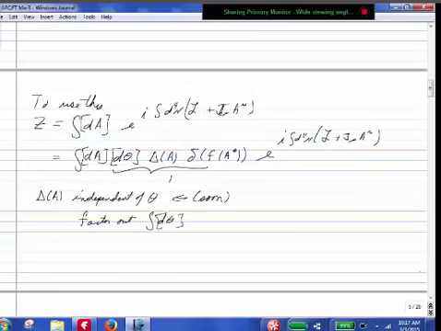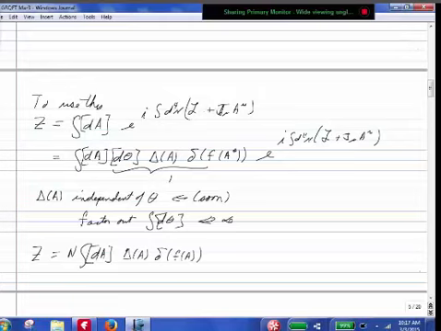Let's just assume, I'll prove this in a minute, delta of A is independent of theta. Then we can factorize out the d theta, the integral d theta, which of course is infinity, and leave behind the constraint.